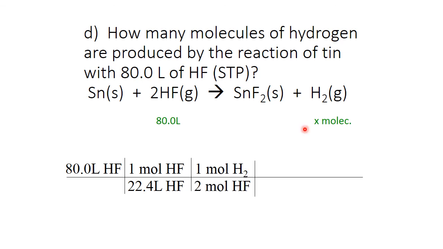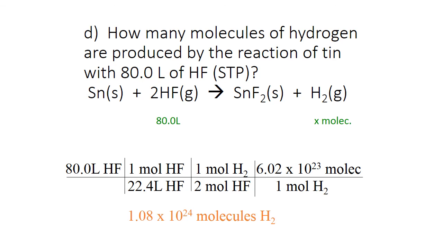And since we want molecules, we have to go from moles to molecules. We have 6.02 times 10 to the 23rd molecules in 1 mole. So we multiply by Avogadro's number here, and that gives us a value of 1.08 times 10 to the 24 molecules of hydrogen.